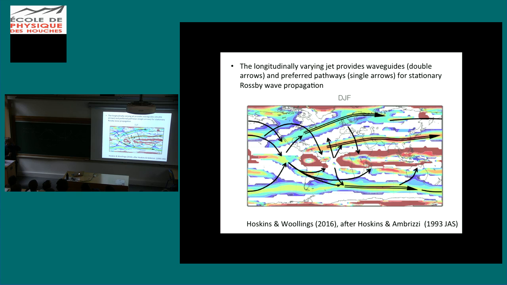And then the physical answer is that, of course, the stationary waves create what is equivalent to a longitudinally varying jet. And this is a nice figure. It's in the Hoskins paper. This is a nice review paper, basically, of possible dynamical mechanisms behind changes in weather extremes.